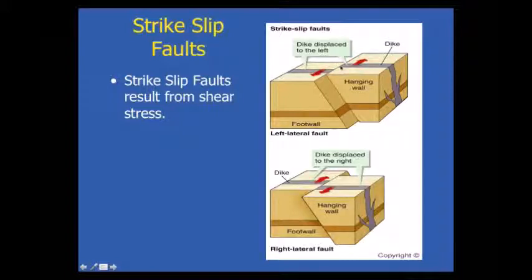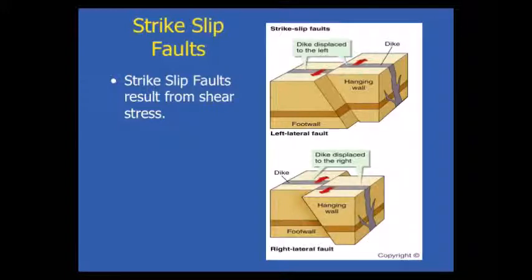In order to continue on the road, you need to make a left turn. So that's one way to recognize that this is a left lateral strike-slip fault. And when you come home again, you have to make a left turn to continue. If the opposite happens, if you have to make a right turn because the displacement is to your right as you're looking across the fault, then we say it's a right lateral strike-slip fault.